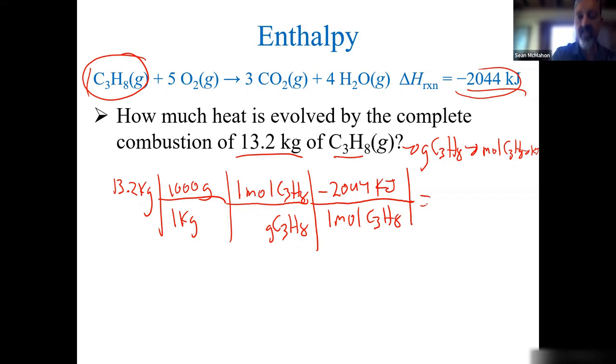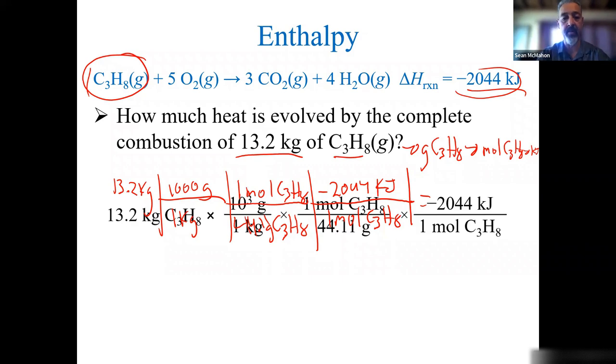The negative sign makes a difference because it's telling the direction, whether it's being released or absorbed. So I have to calculate the molar mass of propane. So 3 times 12, 36 plus 8, roughly 44.11 grams of propane.